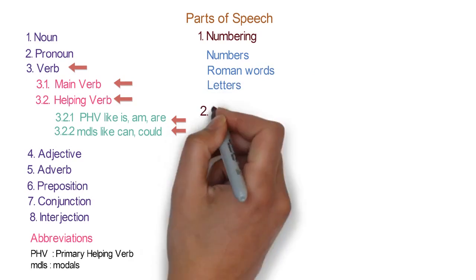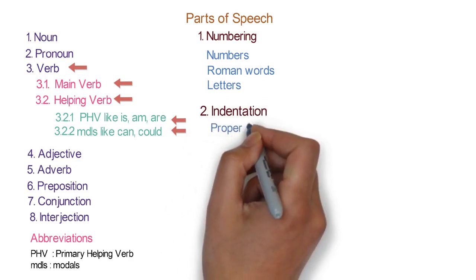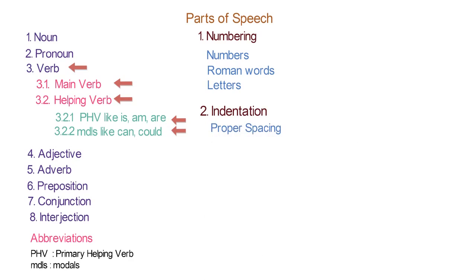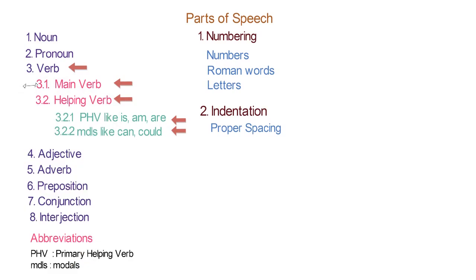Number 2 is indentation. Indentation means proper spacing between the subheadings, subpoints and sub-subpoints. So the subpoints numbering should start exactly from the start of subheading. And similarly, the sub-subpoints numbering should start exactly from the start of subpoint.